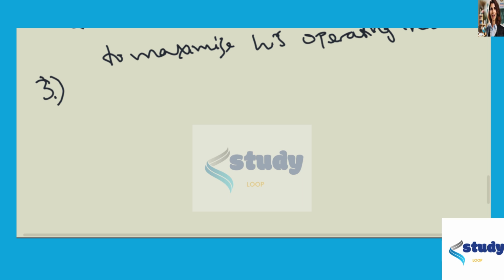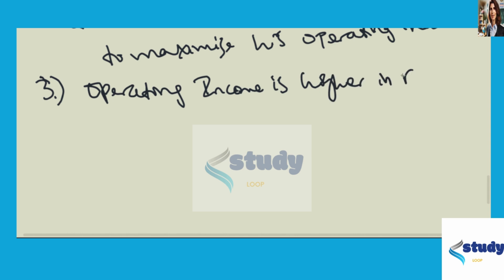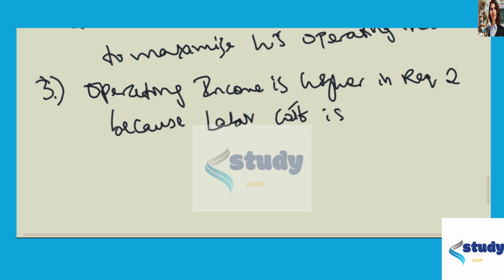So since the price is higher, the operating income is higher in requirement 2, because there is nothing common between the requirements except the variable cost per labor hour.